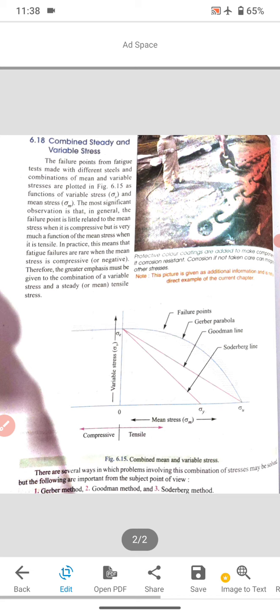Initially we had also seen what mean stress is and how you are going to find it, and what variable stress is.